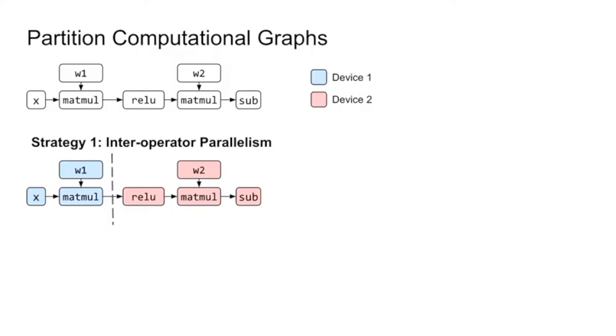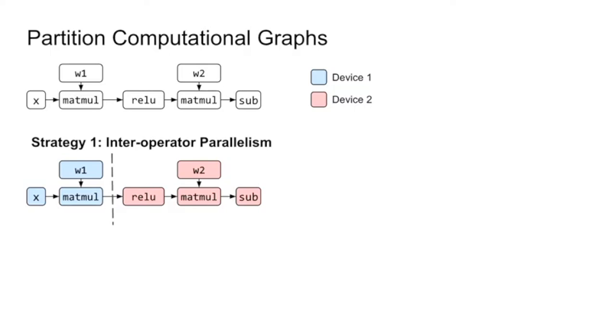However, due to the data dependency, the second device cannot always be busy because it has to wait for the first device to generate the output, and then the second device takes the output of the first device. So the second device will be idle at some time. And although this can be alleviated by using pipelining, it still results in device idle time due to the dependency between forward propagation and backward propagation.